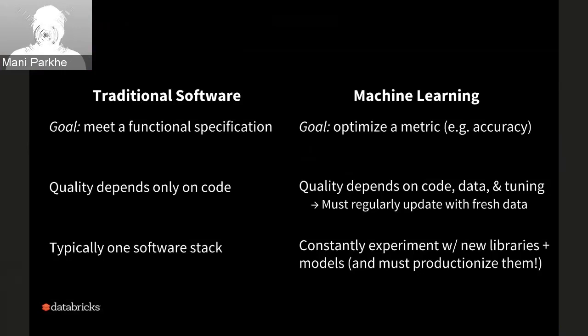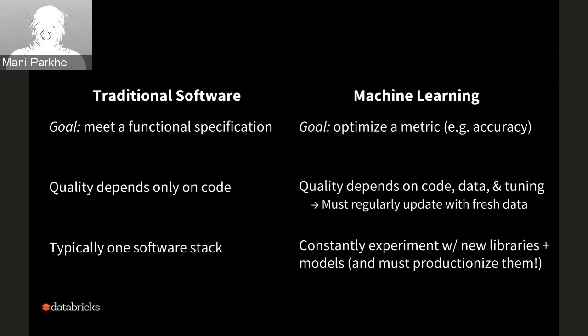And not only that, other than experimenting, you must know how to productionalize them. So just having a model that is built with this new framework is not good enough. You need to know how to productionalize it and put it into a serving fashion in your existing framework. So that sort of becomes hard.